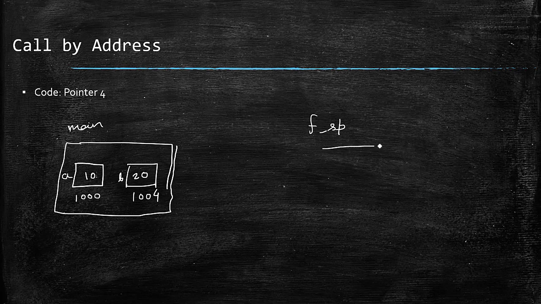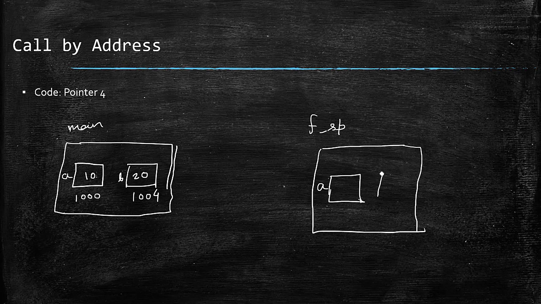Now in case of the f_sp function, its memory configuration will have two pointer variables, one is A and another is B. Please keep in mind that A and B are two pointer variables available to this function only.